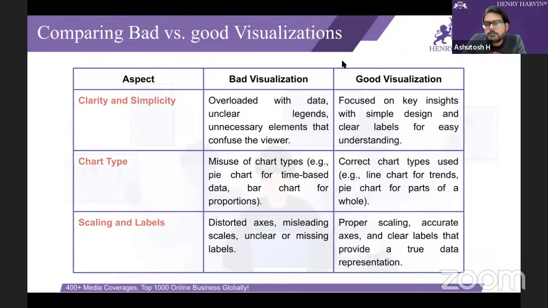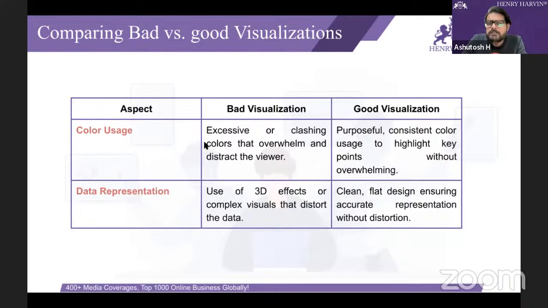In bad visualization, we'll have a misuse of charts, for example, a pie chart for time-based data, which is not right. In good visualization, we have correct chart types, scaling, and labeling. In bad visualization, there will be distorted axes, misleading scales, and unclear or missing labels. Good visualization will have proper scaling, accurate axes, and clear labels, providing a true data representation. Then color usage, data representation.